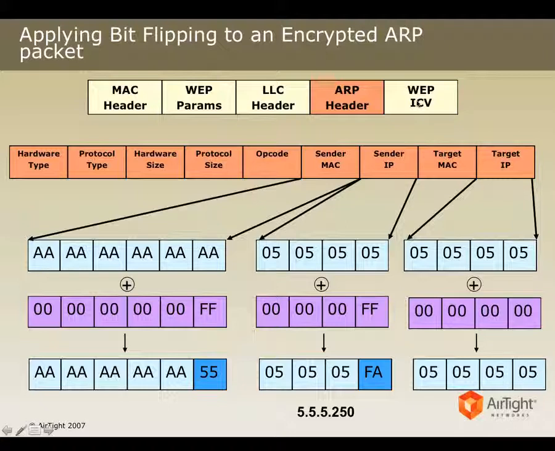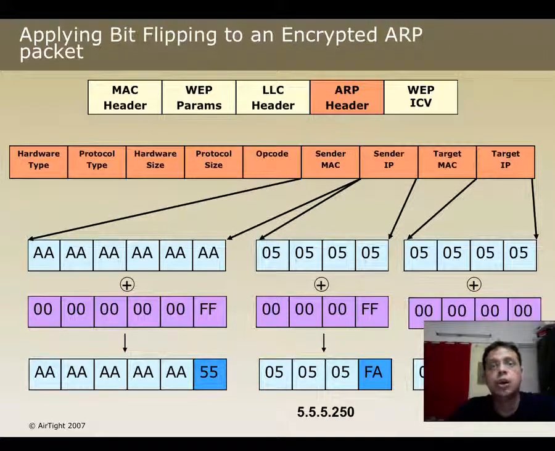And what we had said in the previous video is this data part can be altered with a bit mask, and then we can also patch the ICV accordingly by taking the CRC32 checksum of the bit mask and then XORing it with the encrypted WEP ICV. If you're confused about what all this is, visit the previous video once again. We've done a lot of explanation there about this specific concept. Now I am just concentrating on how I applied this concept to the Cafe Latte attack.